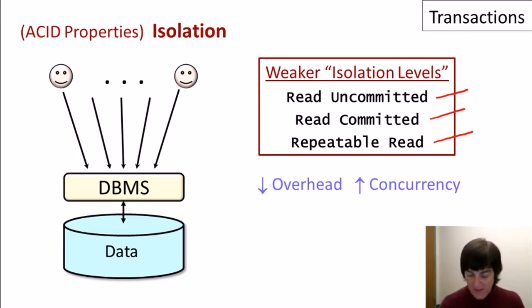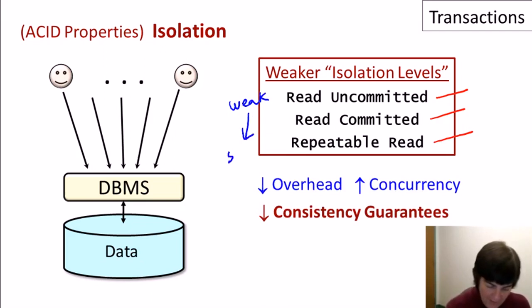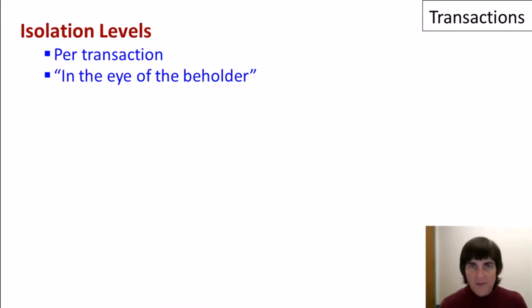These isolation levels have lower overhead and allow higher concurrency, but of course at a cost, which is lower consistency guarantees. I've listed the 3 alternative isolation levels from the weaker to the stronger. And to complete the picture, at the bottom we have a 4th one, which is serializable, which is what we've been talking about already. Before we proceed to learn about the different isolation levels, let me mention a couple of things.